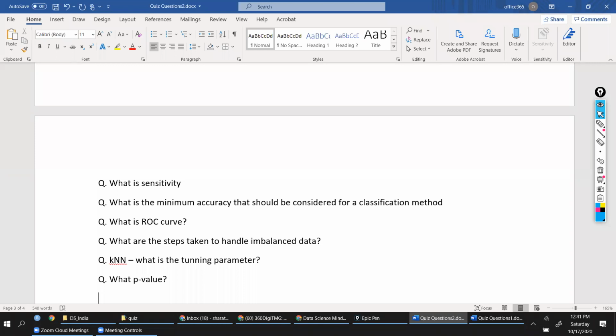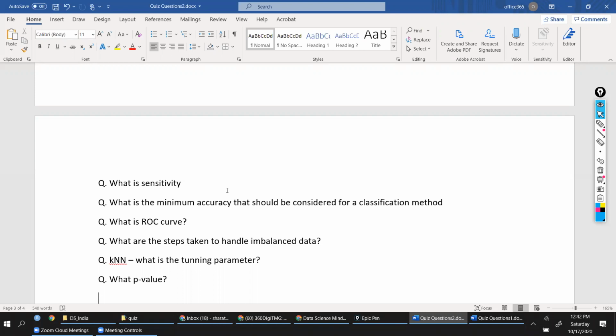But how do you interpret this? Okay. So p-value, which is also known as significant value, is basically a strength of your prediction.